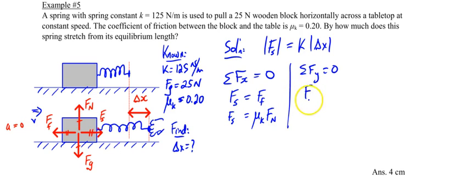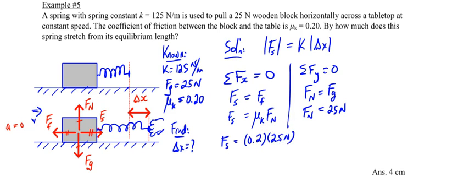And so the normal force must be equal to the force of gravity, and the force of gravity is given as 25 newtons. So let's substitute that in. The spring force would be equal to the coefficient of kinetic friction, 0.2, multiplied by the normal force, which is 25 newtons. That gives you a spring force that is equal to 5 newtons of force.